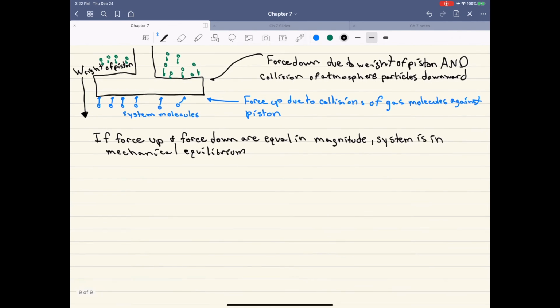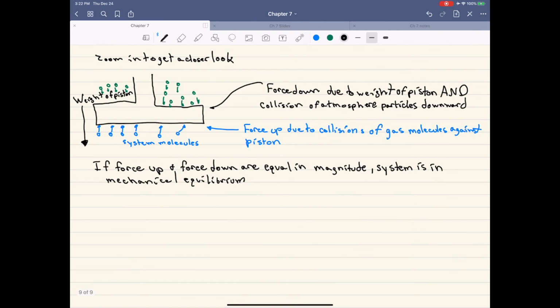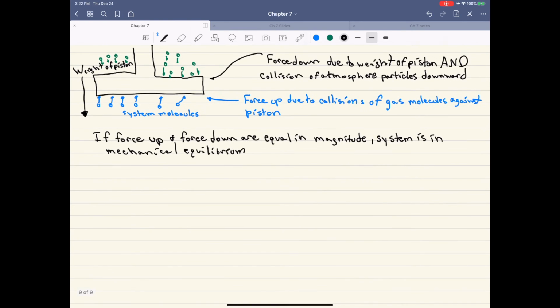All right. And so that's qualitatively what's happening. But in order to get a more quantitative understanding, we need to relate these forces to things that we could actually measure. And so let's talk about what each of the forces are equal to.